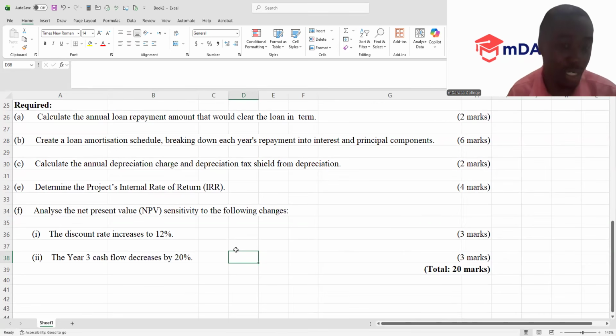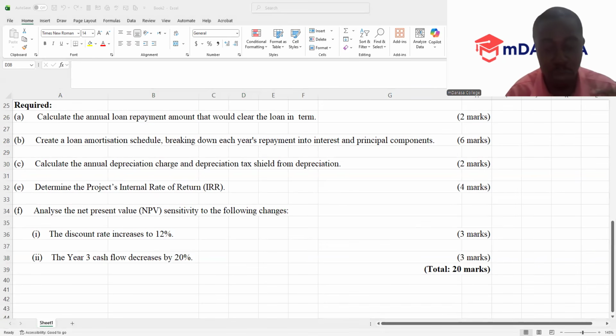So my good students, given such a question, ideally it is a combination of various elements in financial management, and the beauty is that the examiner guided us on the same. As I've always told you, the most important item to always understand when dealing with business data analytics and any other paper is presentation. Presentation is very key.